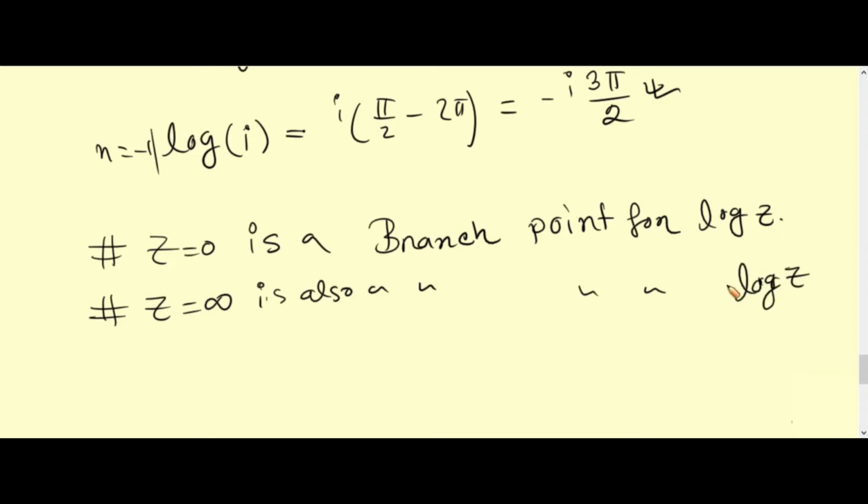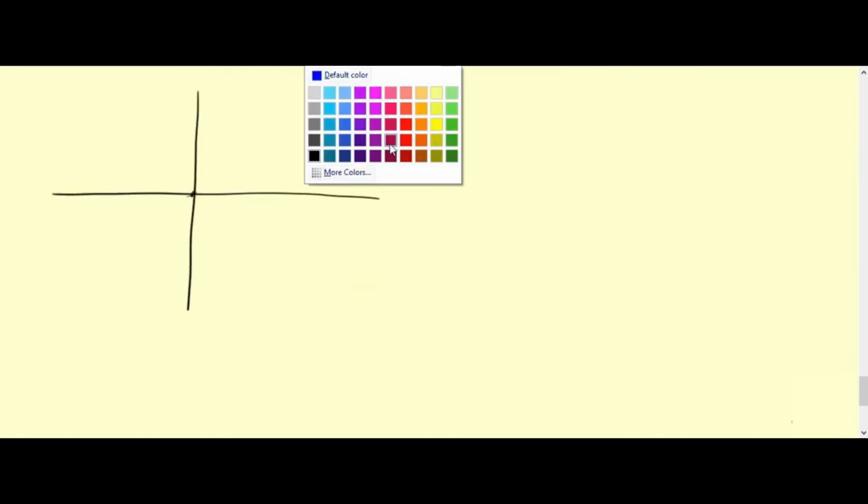In our earlier examples, when we dealt with the square root of z, we connected two branch points to make a branch cut. So let's try to do that here. Again, this will be our plane, and let's mark these branch points. Let's say this is infinity, though it is not, because infinity extends out, and this is our branch cut.